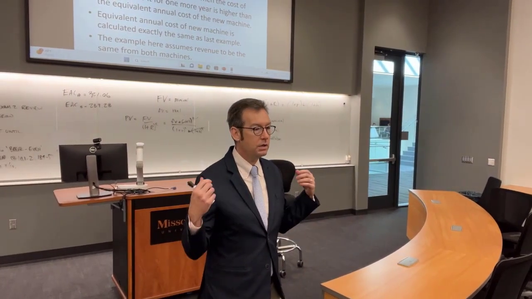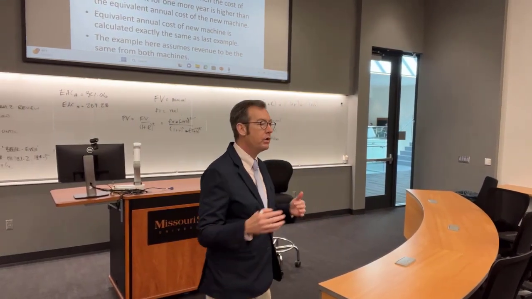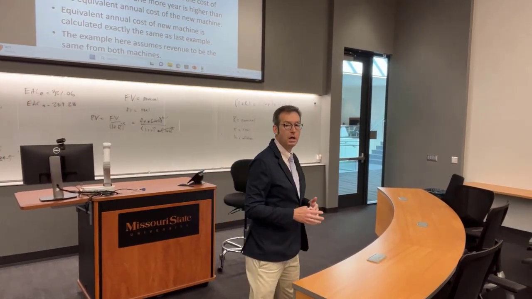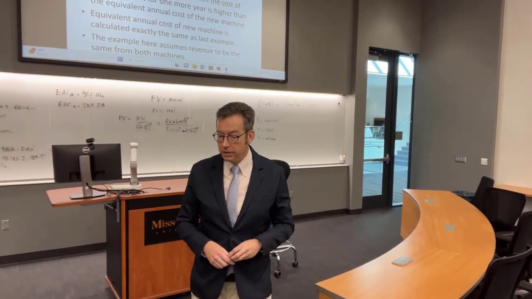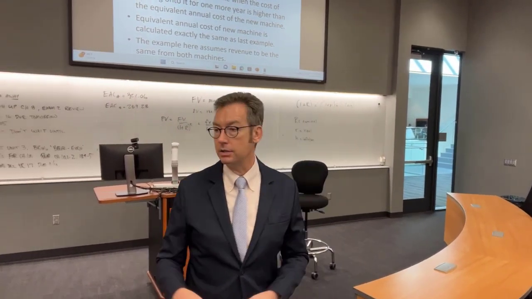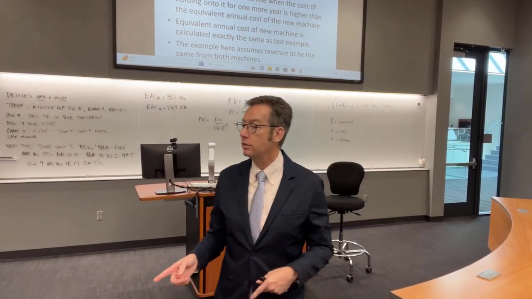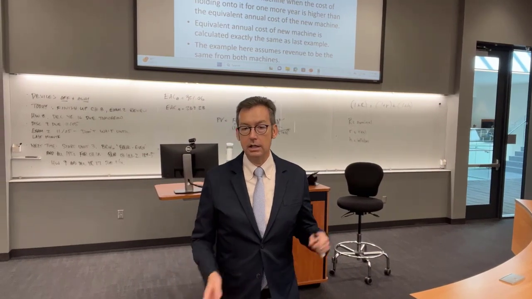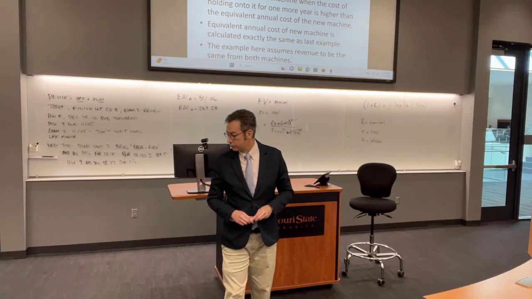In other words, the output of these machines is identical. In the real world, let me tell you, this is not true. That's worst case scenario. But every time that I've bought and analyzed a new machine, it was always more productive than the last one thanks to advances in technology. And so that's an assumption we're making that may not be necessarily true.